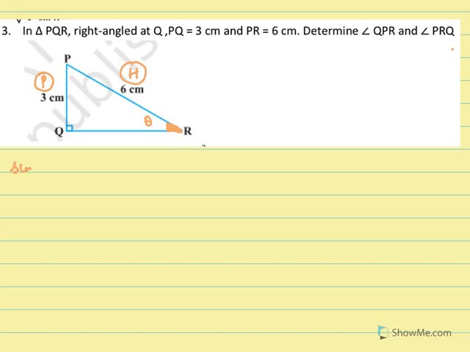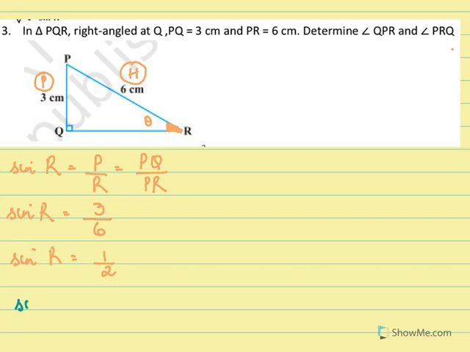So sine R is perpendicular over hypotenuse, and in this case PQ over PR. PQ is 3 centimeters and PR is 6 centimeters, which is given to us. So sine R equal to 1 by 2.